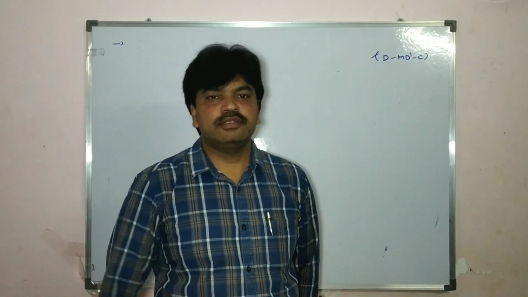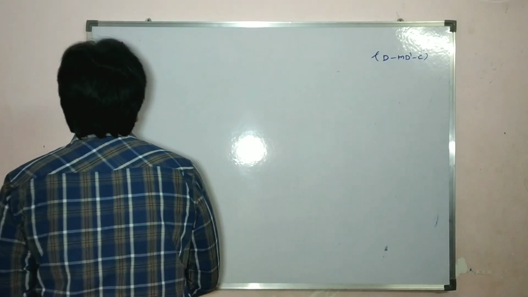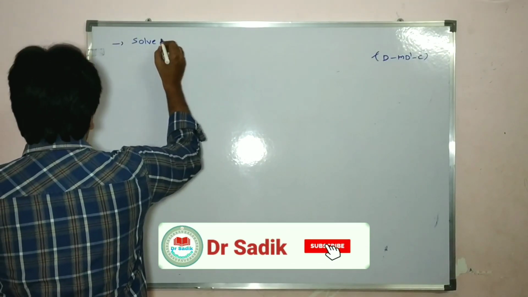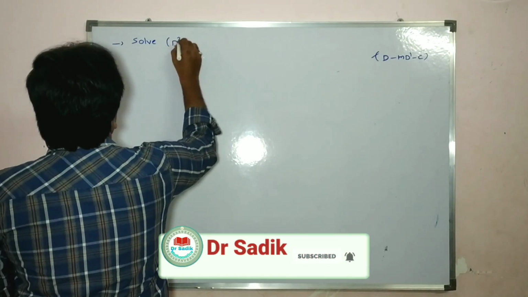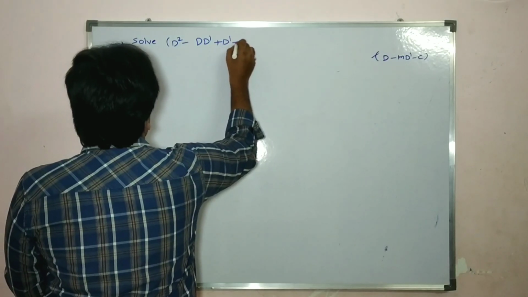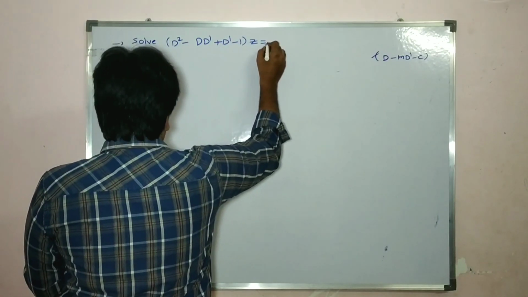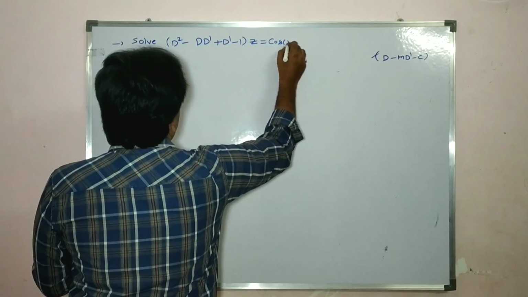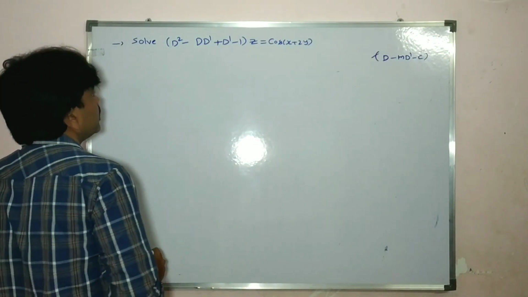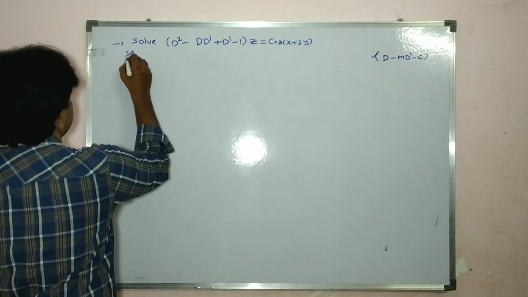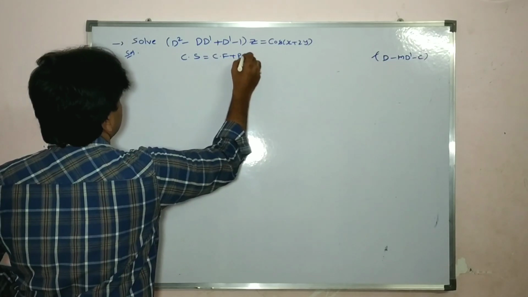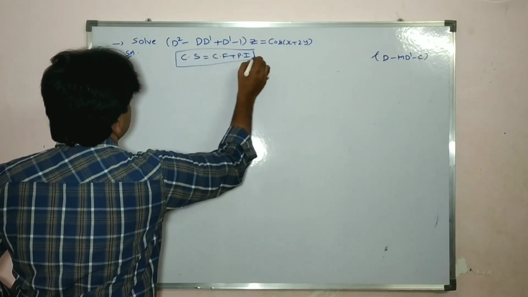Write down students, solve (d square minus d d dash plus d dash minus 1) into z is equal to cos of x plus 2y. Now solution students, again complete solution, complementary function plus particular integral.